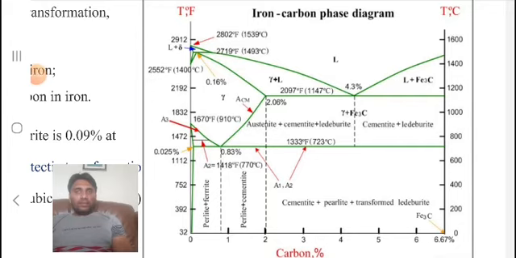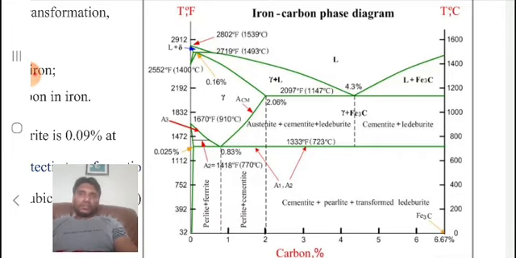In hypoeutectic cast iron we have austenite plus cementite plus ledeburite. Whatever ledeburite is present remains as it is, but whatever liquid is present in the hypoeutectic region will convert into austenite plus cementite.